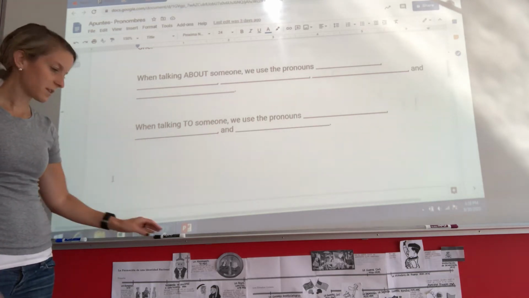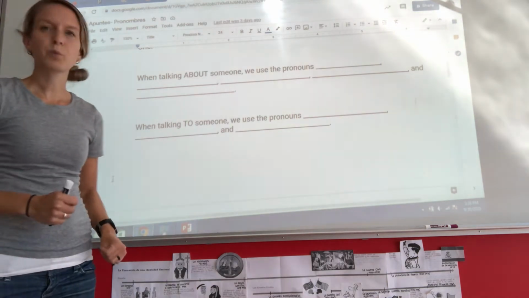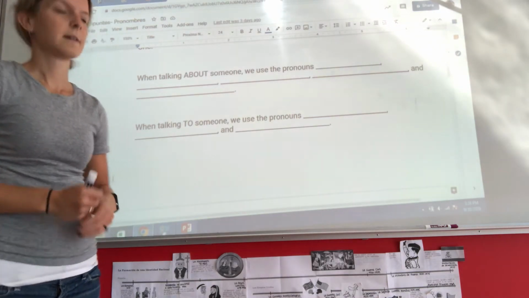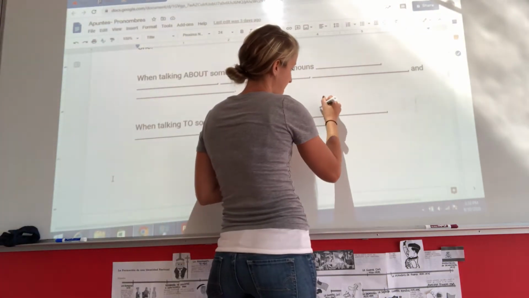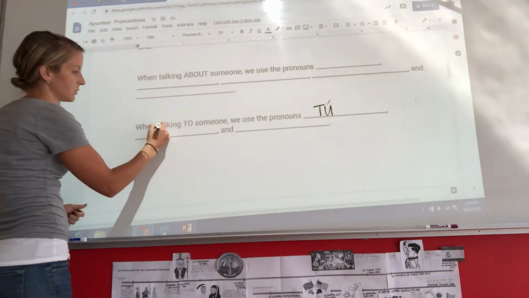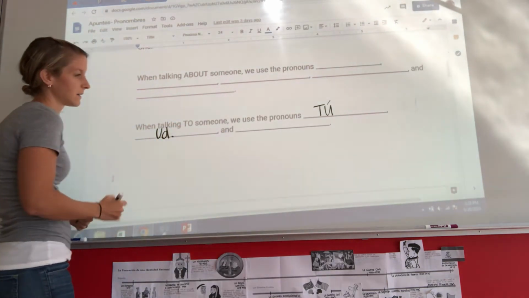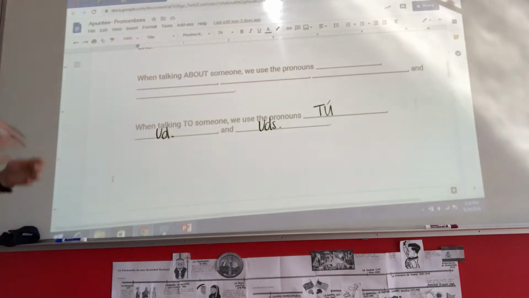When we're talking to someone, so you, what are our 3 pronouns that we use? Tú, usted, and ustedes. Those are the 3 you pronouns, so they're the only ones that we can use when we are talking to someone.